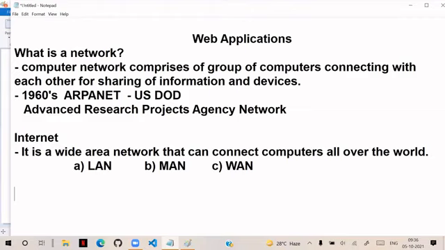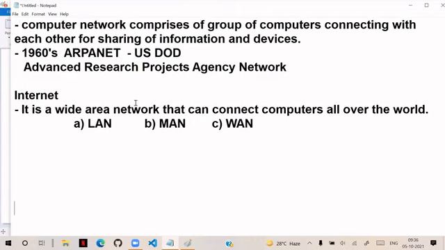The main concept of internet is to connect computers all over the world. But this internet has a lot of issues. The issue is that anybody can access information from anywhere. There is no restriction for internet.